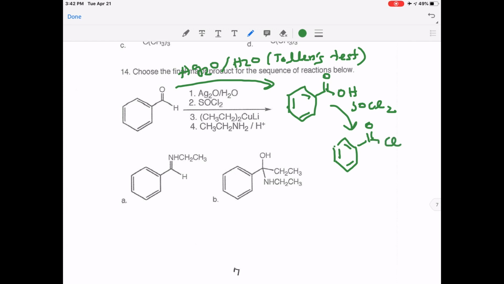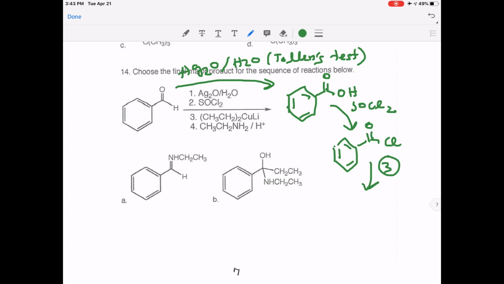In the second step, we add thionyl chloride to this carboxylic acid, and this converts it into the acid chloride. And in the third step, we're adding a diorganocuprate to this acid chloride. The first thing that needs to be covered is that since this is an acid chloride, the carbonyl carbon of this compound is very electrophilic.